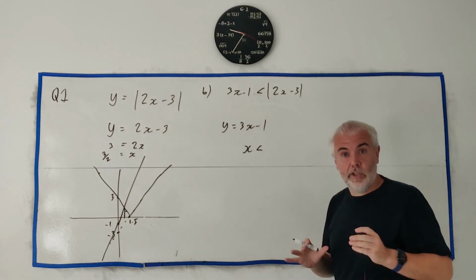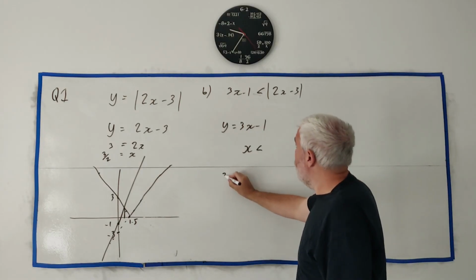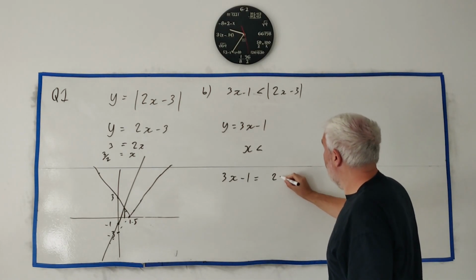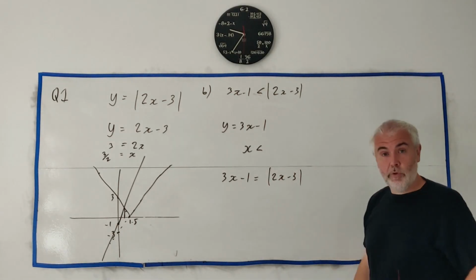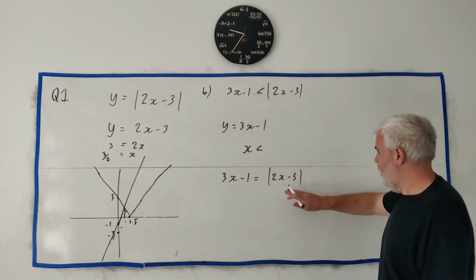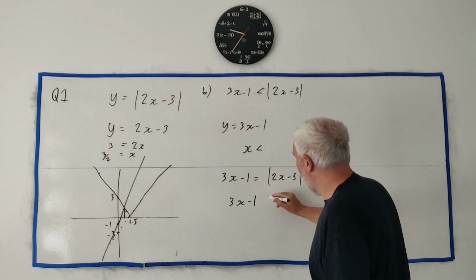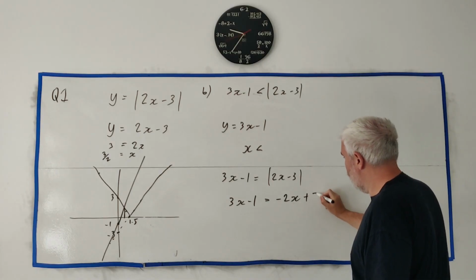So what this question really boils down to is, forget the inequality. You can say 3x minus 1, when does it equal 2x minus 3, or the absolute value of it? That's what you can boil this question down to. And you can even get it better than this. Forget this absolute value. You can say 3x minus 1, when is that equal to minus 2x plus 3?